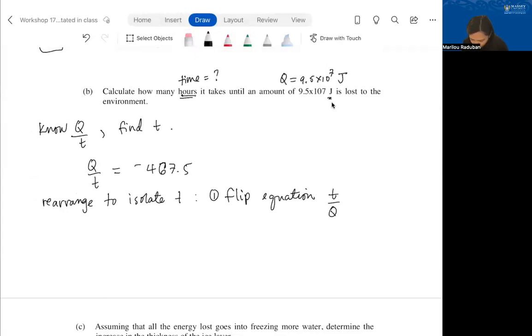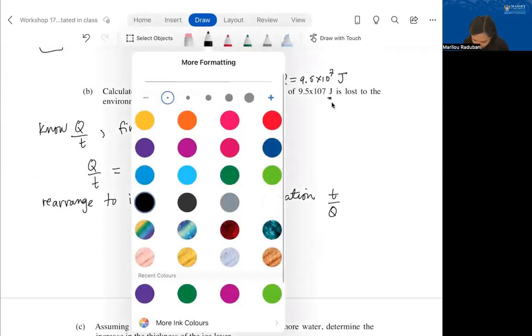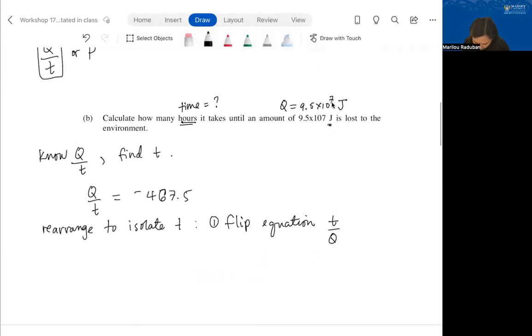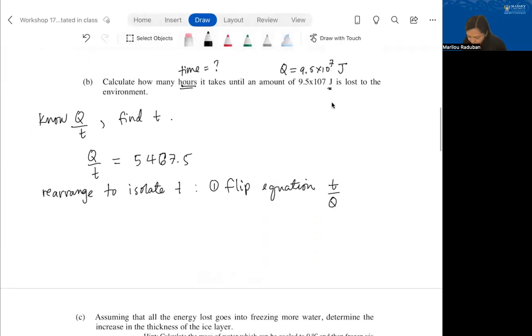So T over Q, 1 over 5,467.5. So all I did was to flip the equation, just so I can isolate T by multiplying both sides with Q. Okay.